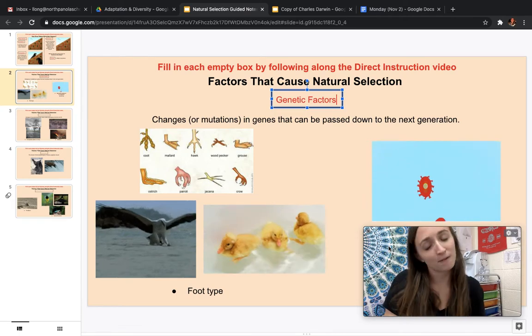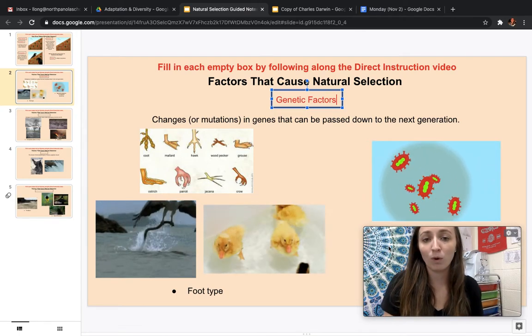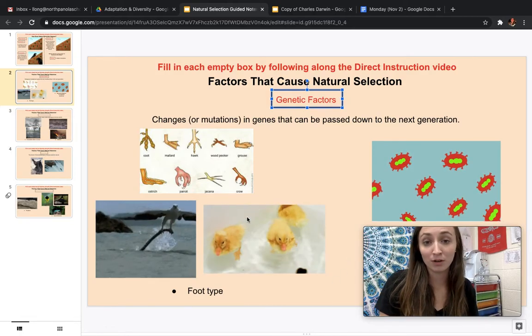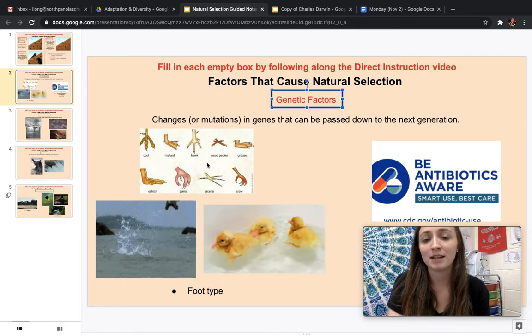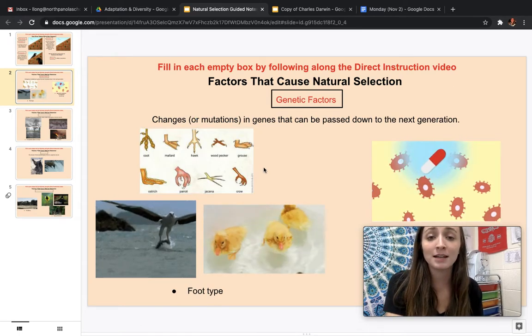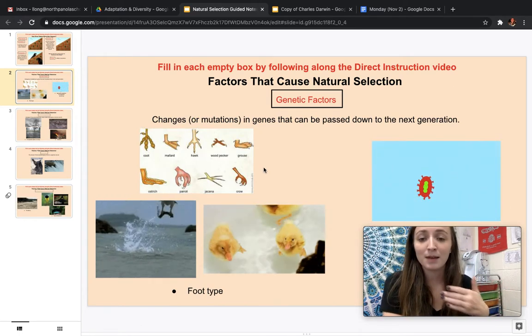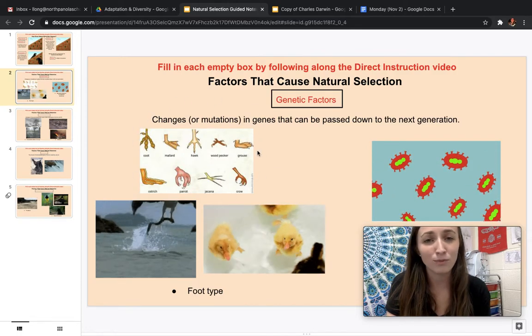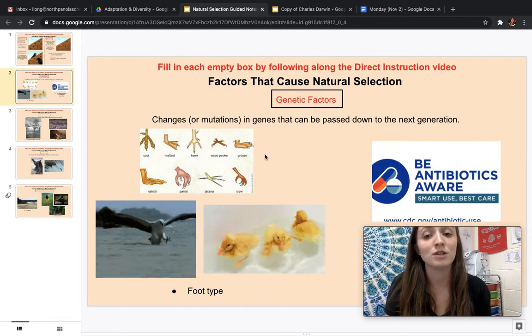A perfect example of a genetic factor is if you look at ducks or different birds, they all have different types of feet. And these feet types can be inherited from their parents. And these types of feet aren't random, they're all very well suited to their environment.